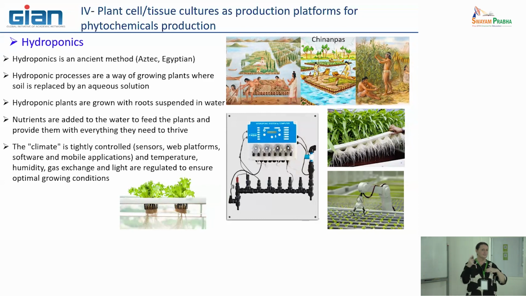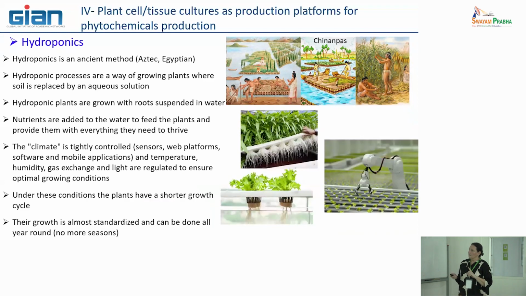We will see that there are different types of compartments. What is interesting is that in this condition there are two major advantages. The first one is that they have a much shorter growth cycle. Instead of waiting 2 or 3 months to have your final plants, only 1 month is sufficient to have the same amount of plants.